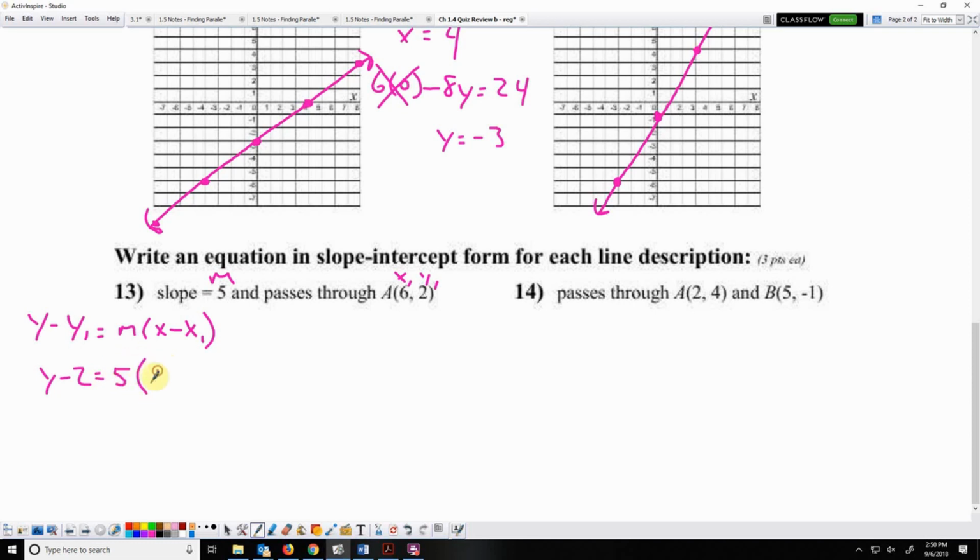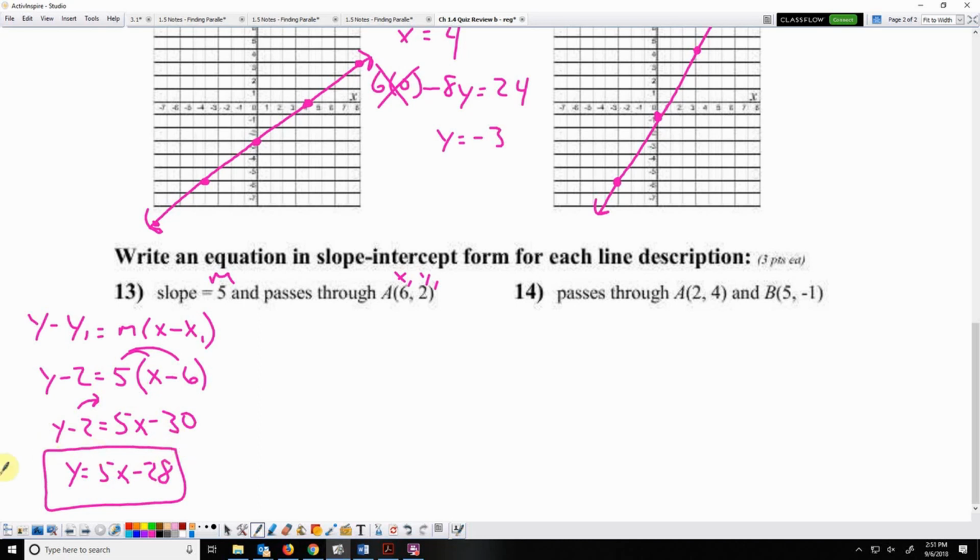X minus x1 is x minus 6. So now distribute. And then move that 2 to the other side. Negative 30 plus 2 is negative 28. So there it is in slope-intercept form.